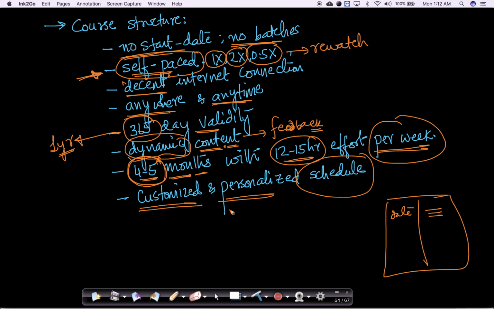In experiments that we've done with our students, we noticed that this customized and personalized schedule has helped our students finish the course on time and be very regular and disciplined about it. We've seen students do both content and assignments very diligently when we give them a schedule or a timetable. And we customize it and personalize it to every student's needs.